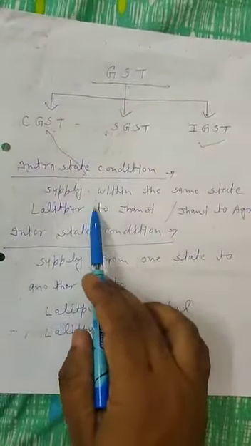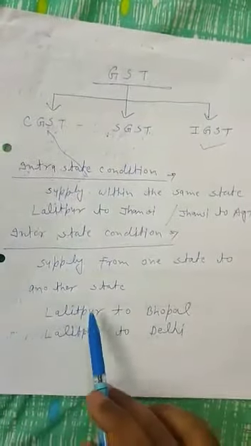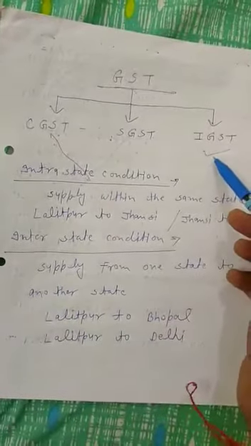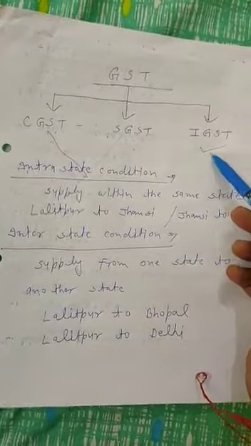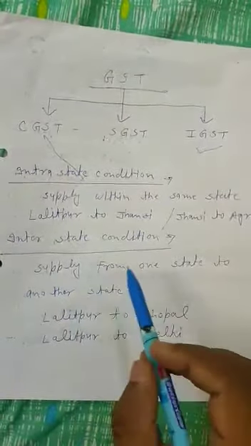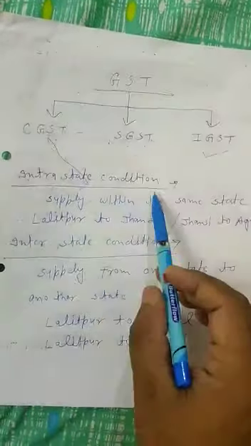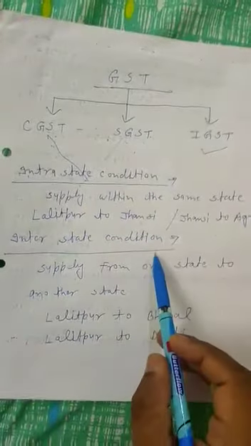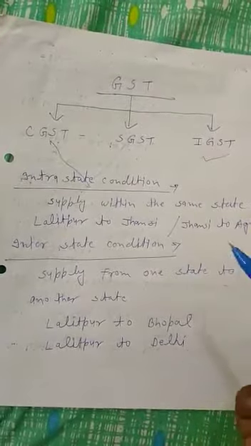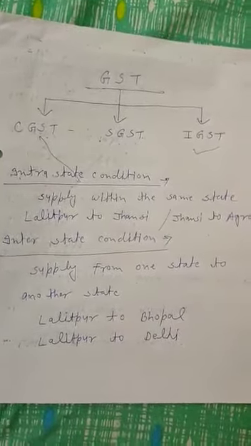In the intra-state condition, half the portion goes to the Centre and half to the State. But in the interstate condition, the whole tax will be collected by the central government in the form of IGST. Okay, so these two conditions are very important in your exercise. You have to first understand whether the question is intra-state or interstate. Then you apply and find out the taxes. Then you can solve the question easily.